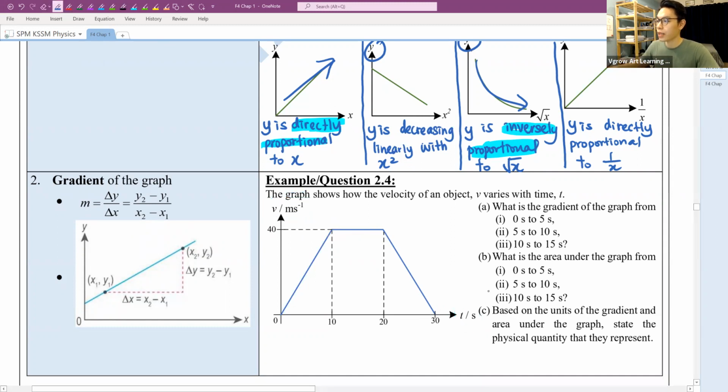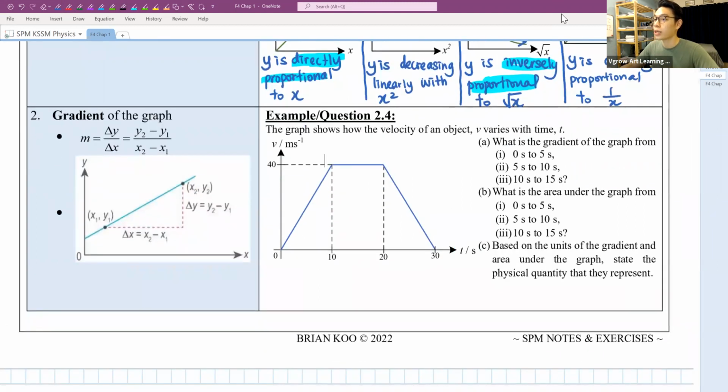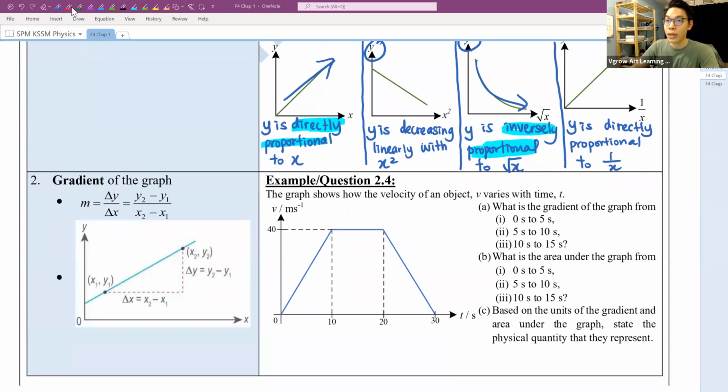So in part A, they ask us, what is the gradient of the graph from 0 to, oh my bad, I made an error here. Can you guys change this 5 to 10? So sorry. And then this one is 10 to 20. This one is 20 to 30.